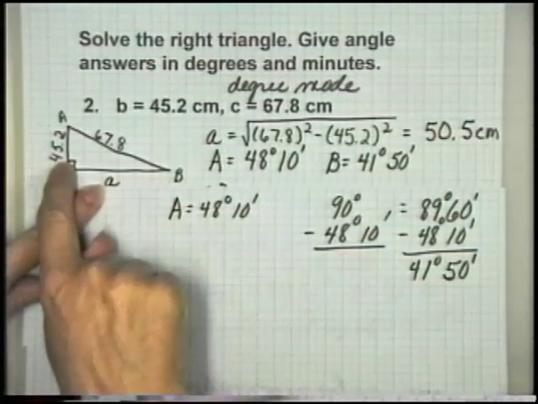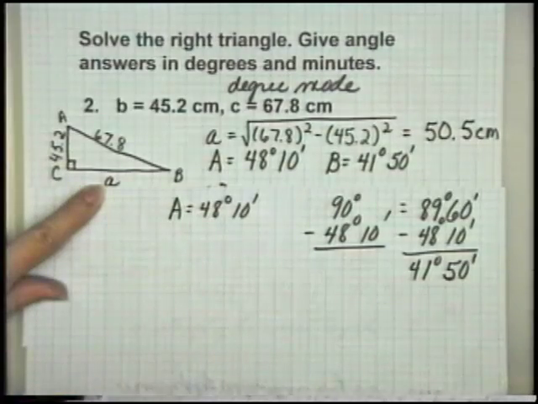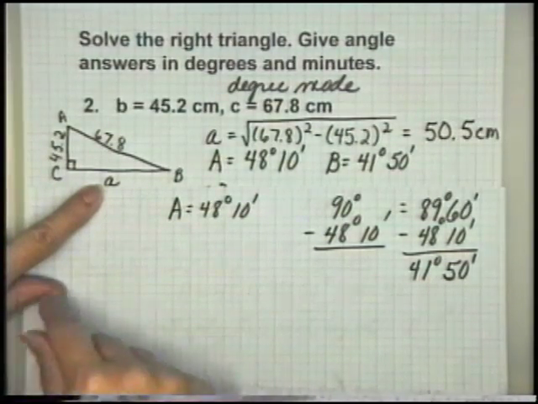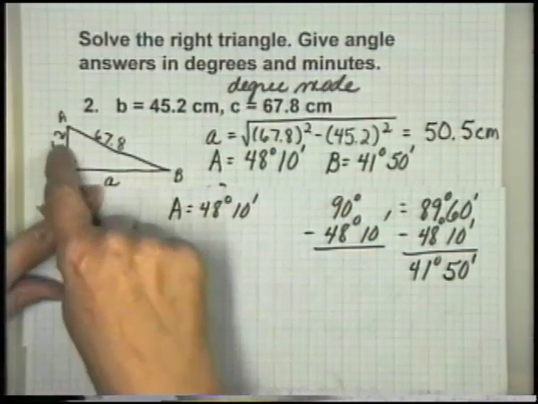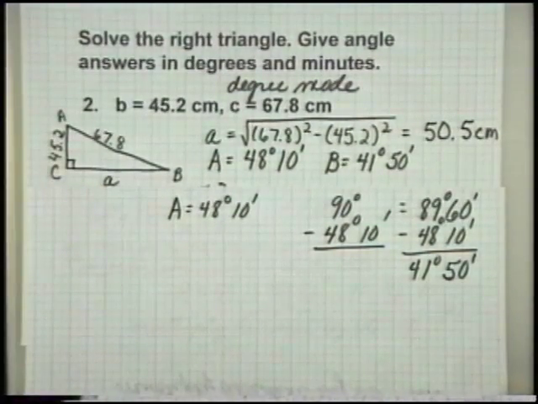It's 50.5 centimeters, and across from angle B is 45.2. So that is the way it should be. This side should be longer than that side. Now, of course, remember that doesn't make the problem right, but sometimes if you do that quick little check, if you've made a calculator mistake, it will be quite obvious.